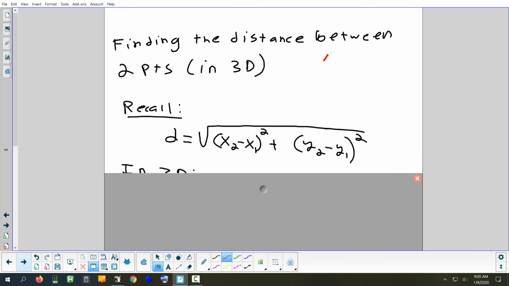So if you have coordinates, kind of like this, and you wanted to figure out how long that line segment is, make a triangle out of it. The first thing you need to know is the length of the base. Here's one x value, here's the other x value.